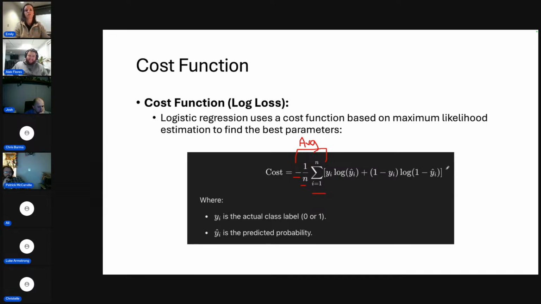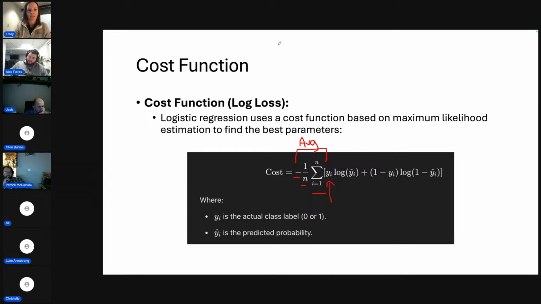Okay, let's try to map this to an actual problem. So we have y_i. Y_i represents what was the ground truth answer? Was it 1 or 0?